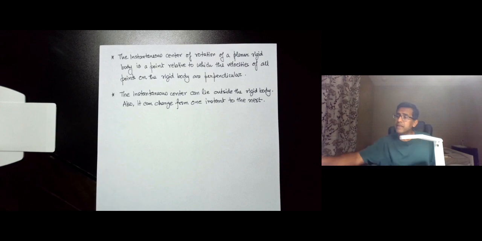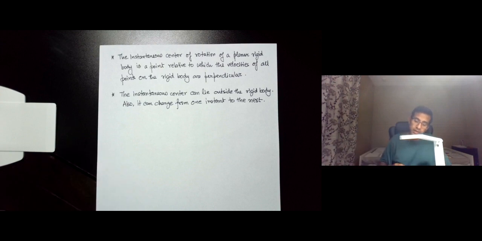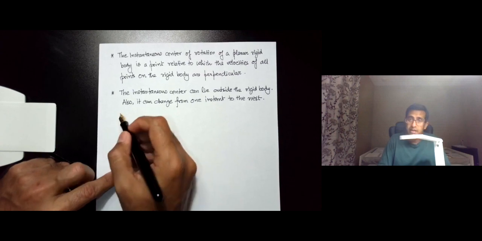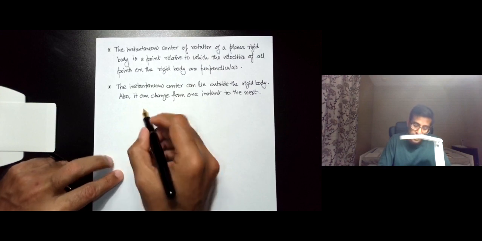Next, let us delve a little bit into the direction of velocities with respect to the instantaneous center, as we have articulated over here in the first point on this page.